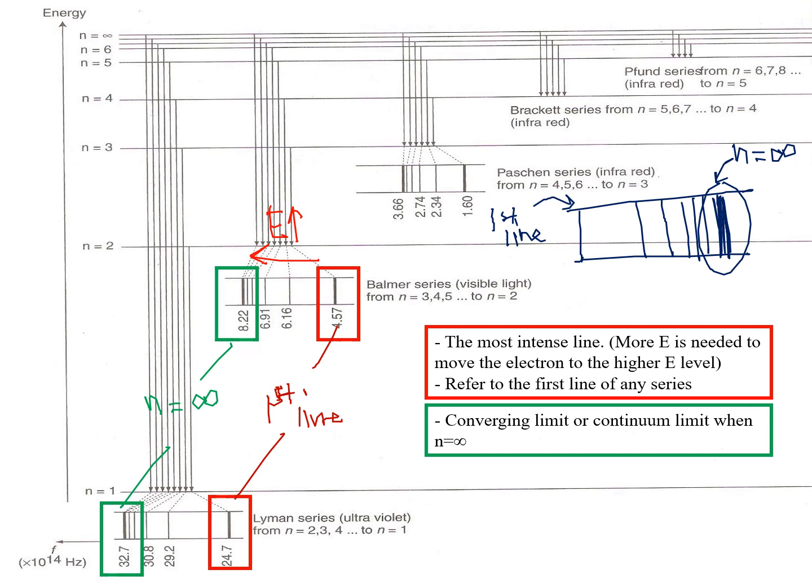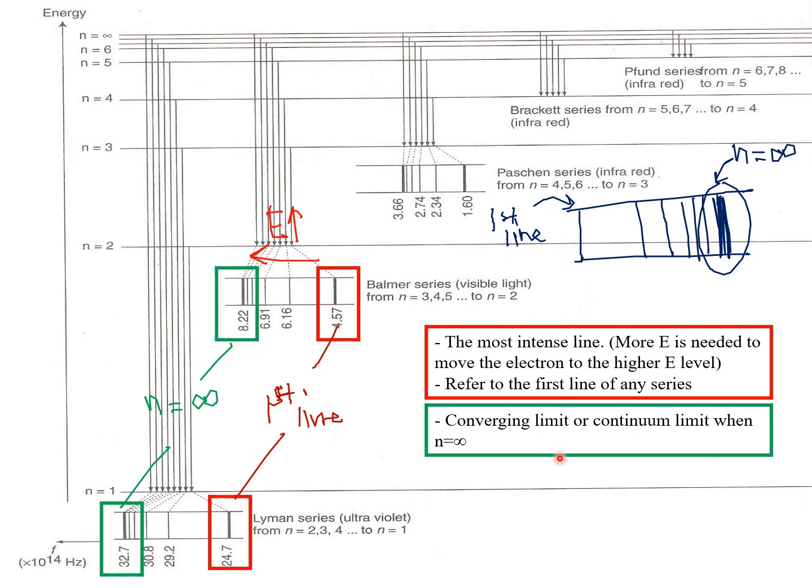So basically apa yang Miss nak cakap kat sini, kamu akan dapat dua jenis line spectrum yang berbeza. Tapi cara nak baca dia lebih kurang sama saja. Okay. So if you dapat different kind of line spectrum, you kena tahu, you kena pandai macam mana cara nak baca line spectrum.